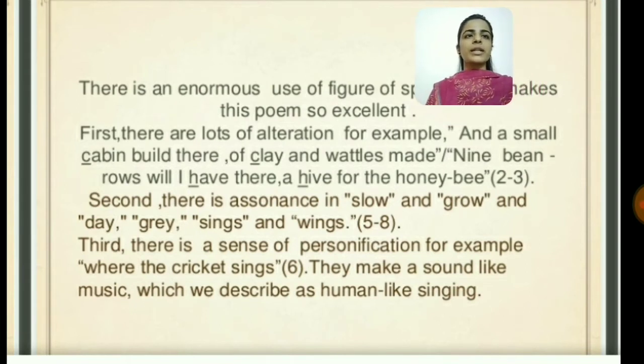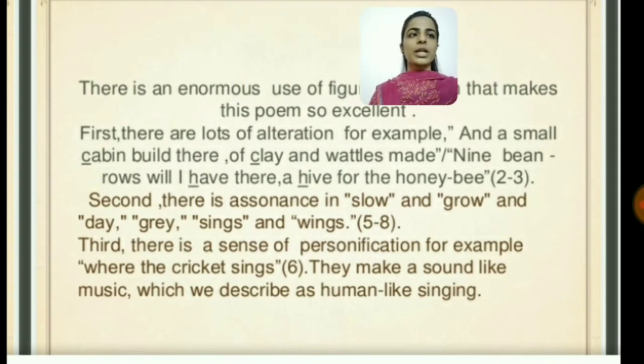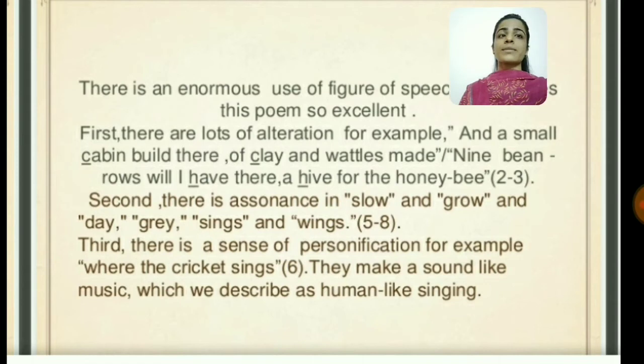So some figurative speech is there. There is an enormous use of figures of speech that makes this poem so excellent. In each stanza, the poet has used some kind of figure of speech. First, there is a lot of alliteration.